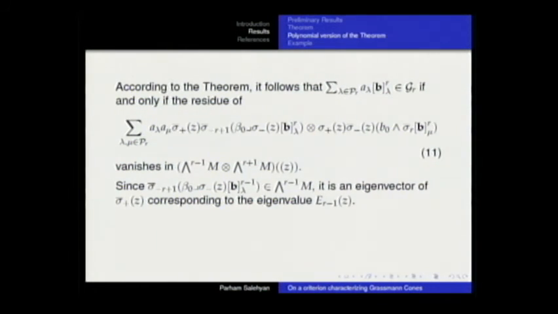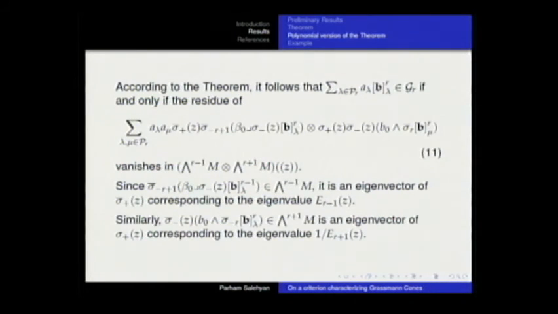Since this element here is an element of wedge R minus 1 of M, it is an eigenvector of sigma plus bar of Z, corresponding to the eigenvalue E_{R-1}. And in the same way, this part here is an element of wedge R plus 1, and it is an eigenvector of sigma plus Z corresponding to this eigenvalue.